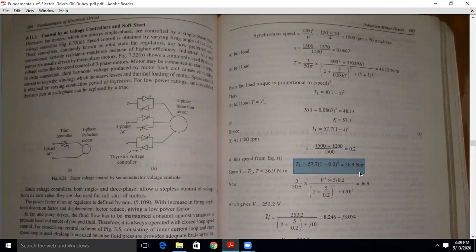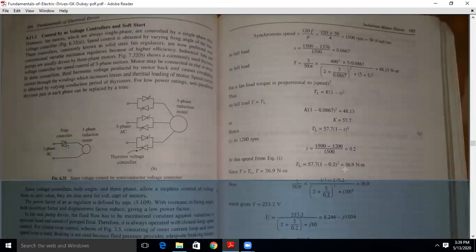So whatever TL is there, this is at 1200 speed. Since T is equal to TL, T is 36.9. I can put that in the above equation, and I will take S as 0.2 also, because at 1200 RPM we are calculating.